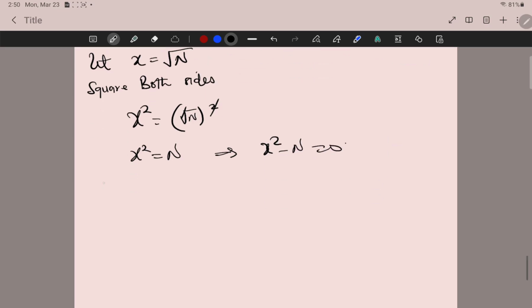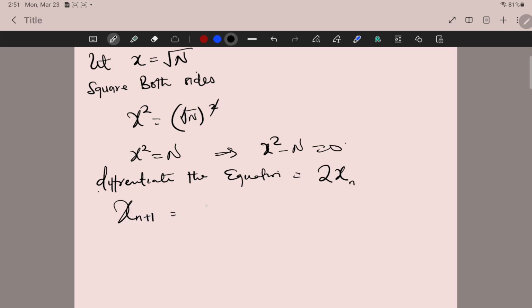So you differentiate the function. If you differentiate the equation, you're going to have 2x. Now add n here, telling us that n is an element of the natural numbers. So Newton-Raphson's method, remember, x(n+1) is equal to xn minus f of xn all over f prime of xn.